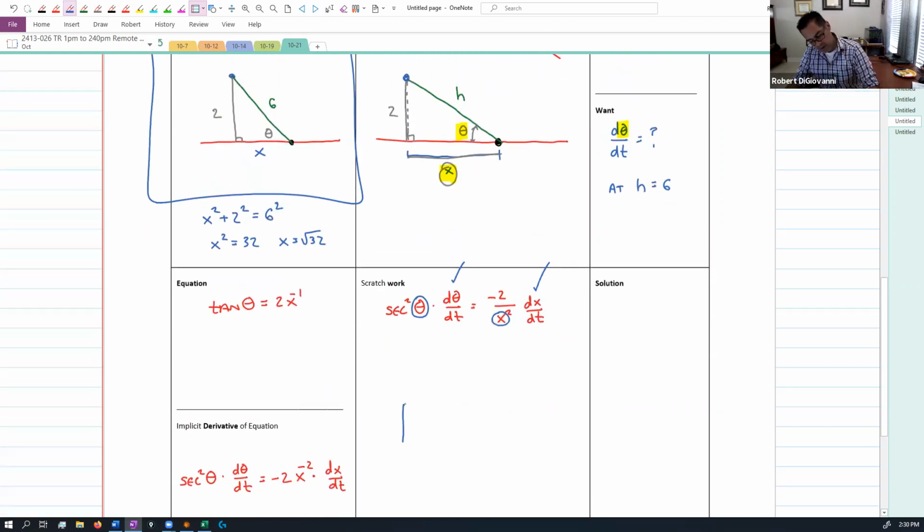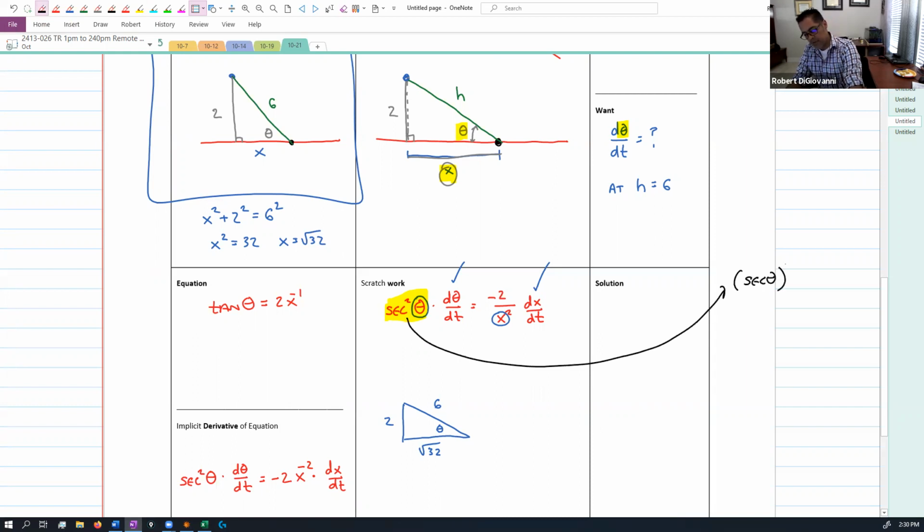So basically my triangle looks like this. I have 2 here, I have 6 here, and I have root 32 here, and I've got some angle in here. I would like to know what secant squared theta is. So I'll remind you, this really means secant of theta squared, right? That's what secant squared theta is. But cosine of theta is adjacent over hypotenuse, right?